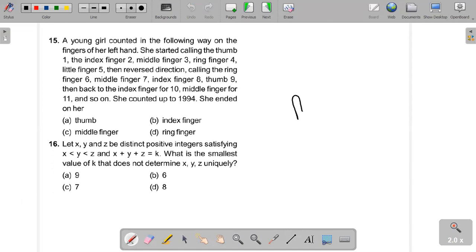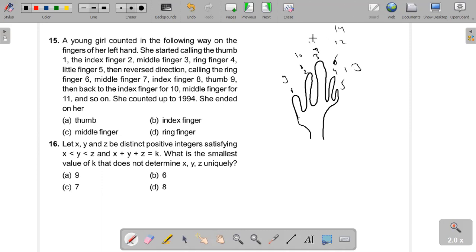So can I draw this? This is how the hands look. So first we put 1, then 2, 3, 4, 5, 6, 7, 8, 9, 10, 11, 12, 13, then 14, 15, 16, 17, 18.